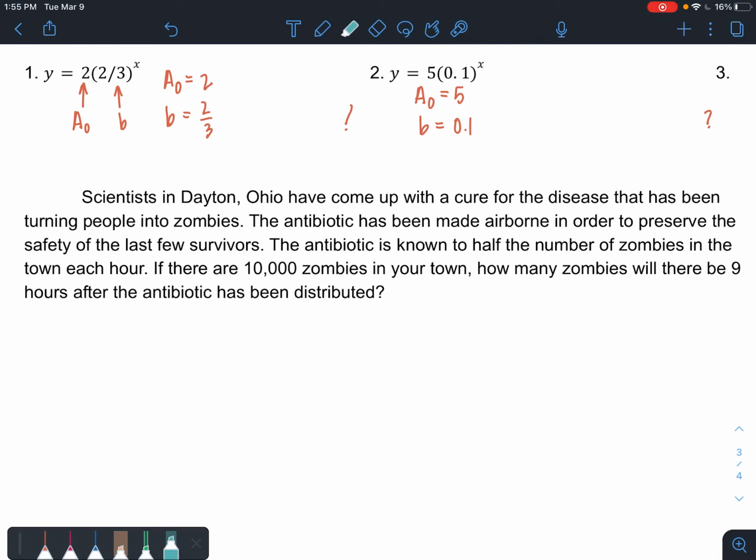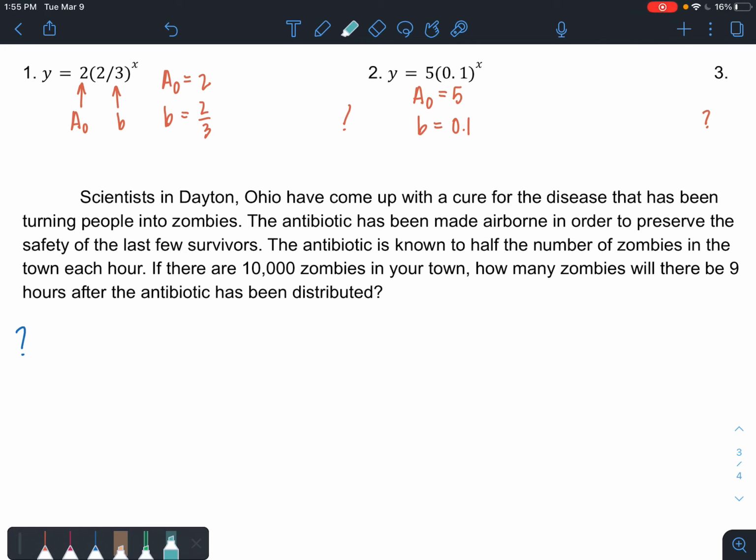Okay, let's highlight that important information in the problem. Go ahead, pause, and highlight. All right, so it says that the antibiotic is known to halve the number of zombies in an hour. There are 10,000 zombies, and it asks how many zombies will there be after 9 hours.